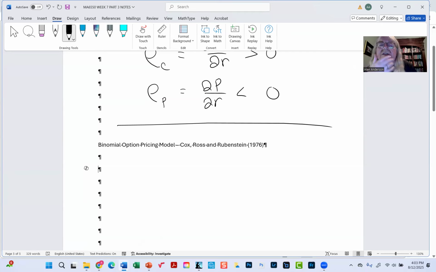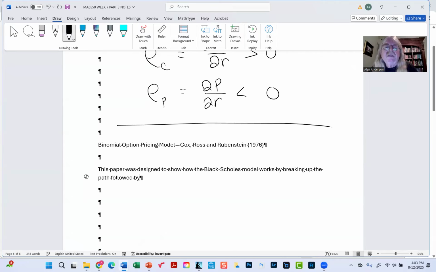But this one too, the purpose of this paper originally was to show how the Black-Scholes model works by breaking up the path followed by the underlying asset into a series of discrete steps, but based on the same statistical assumptions built into the Black-Scholes model.